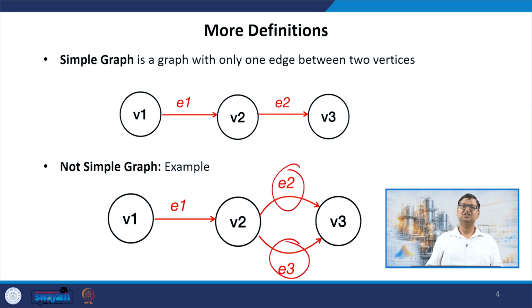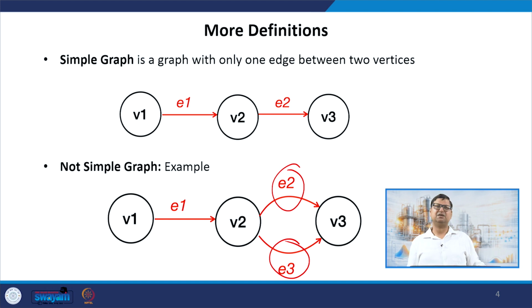And in fact, you can imagine something like this in a chemical flow sheet as well. You can have two units that are exchanging mass between themselves and also energy between themselves. So, there is a flow of mass and a flow of energy, and if I am representing the edges as mass flow and energy flow, I can define multiple edges, right.